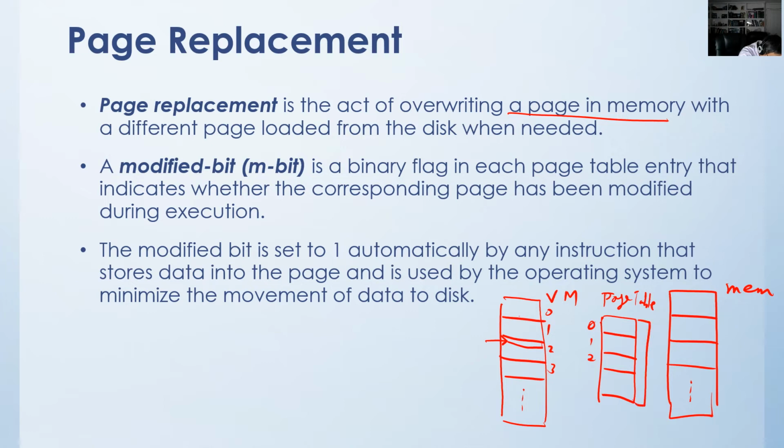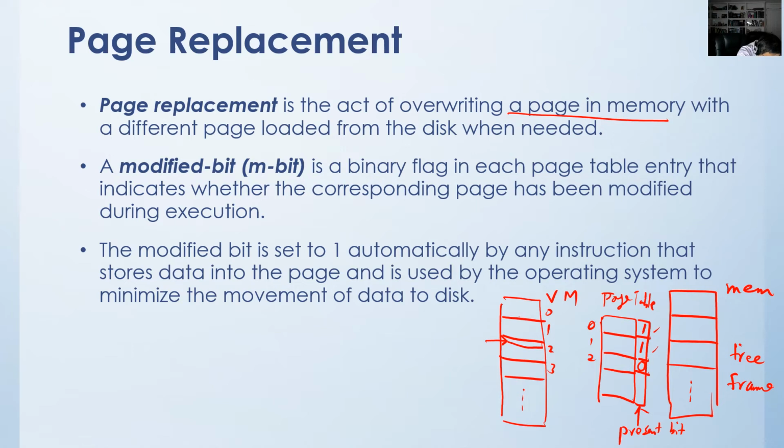Then we use the present bit to indicate that page 2 is currently not in the physical memory, and pages 0 and 1 are in the physical memory. So the present bit is set to 1 in these two cases, but page 2 is not currently in the physical memory. So then a page fault happens, and then we try to find a free frame, right? We try to find a free frame.